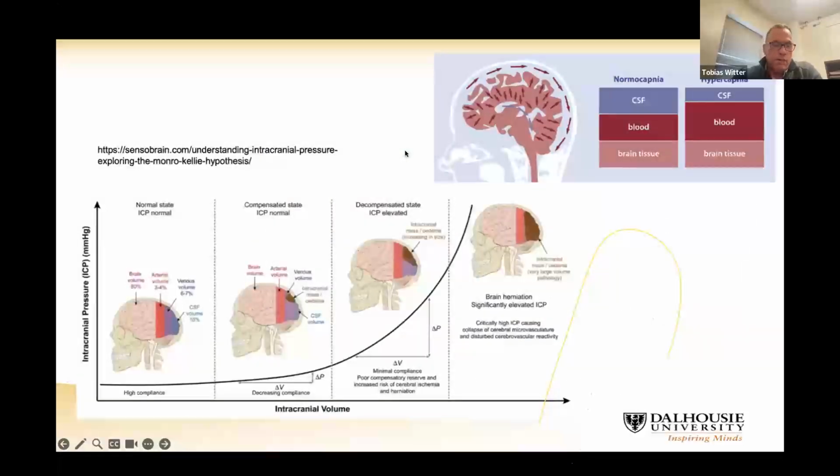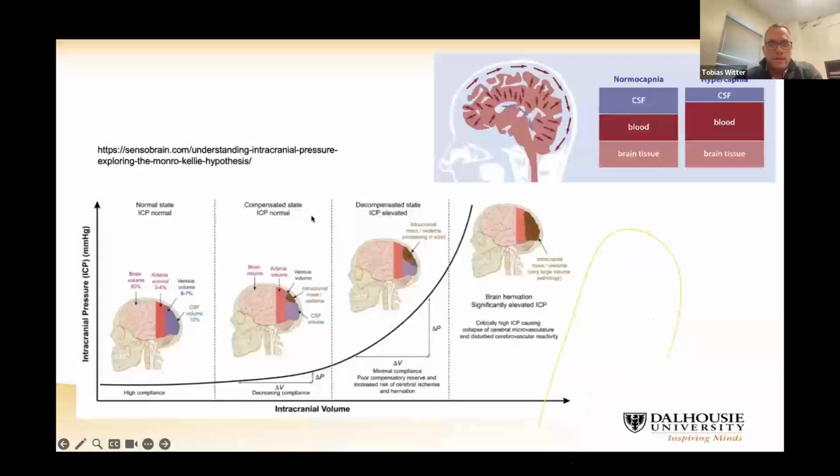In general, in our brain or in our skull, we have three things at baseline. We have brain, hopefully. We have some blood, arterial and venous, and we have CSF, 10%. As we have lesions coming, tumors usually grow slowly, so there's a little bit of shift, but if we have a hemorrhage, then that will take space and push these other areas out of the way.